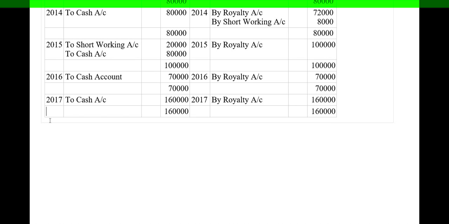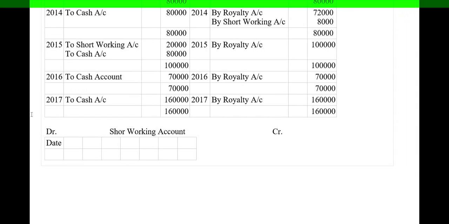So now let's come to the last account, that is short working account. Debit, short working account, credit. Let me insert the table here. So 8 columns.